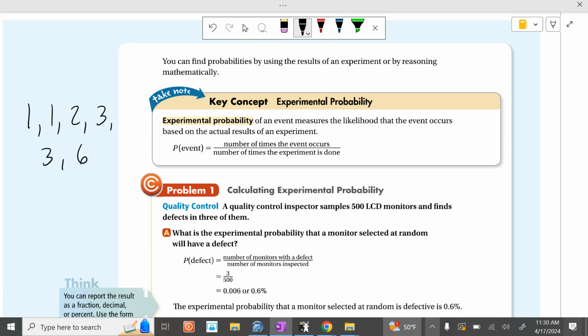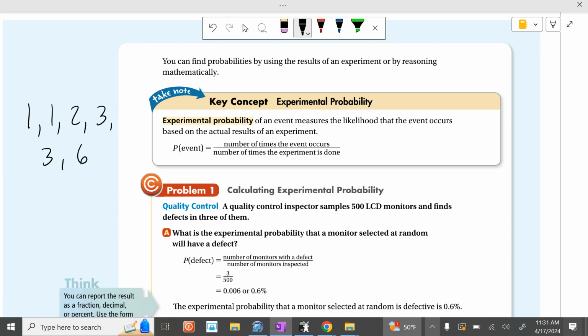Okay? I rolled the die how many times? 6 times. Okay? So experimentally, I got a 1 twice. I got a 3 twice. So the probability of getting a 1 would be 2 out of 6. The probability of getting a 3 would be 2 out of 6. Now that's experimentally.